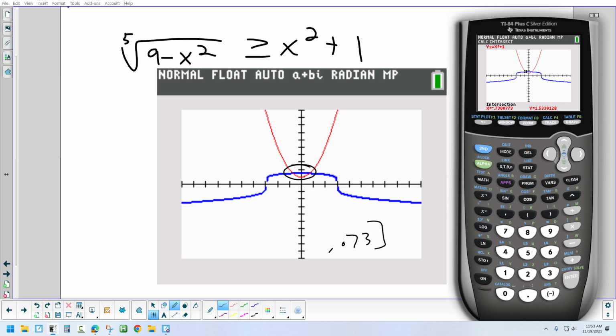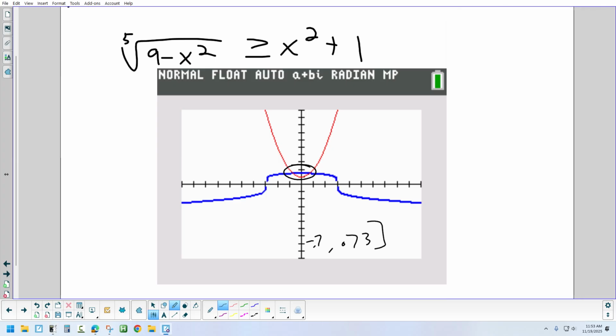So negative 0.73. Those are the x values that if you plug them in, you will get the blue graph above the red graph. If you pick anything outside of those numbers, then the red will be above the blue. And that's not what we want. We want blue above red.